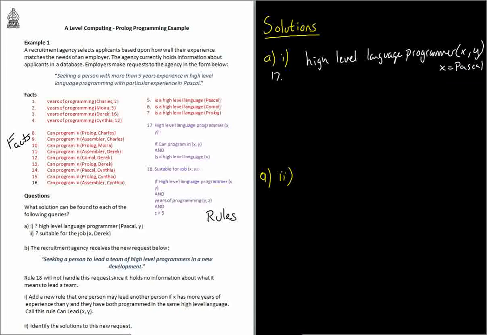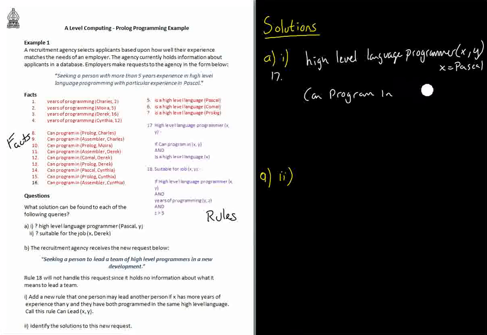Now, let's look at the rule. The rule says, in rule 17, can program in X, Y. But I know what X is, because I've just said X is Pascal. So let's take that out and change it, and go program in Pascal, Y. Now if we look down the clauses and the facts, we'll find that can program in Pascal is this one here.